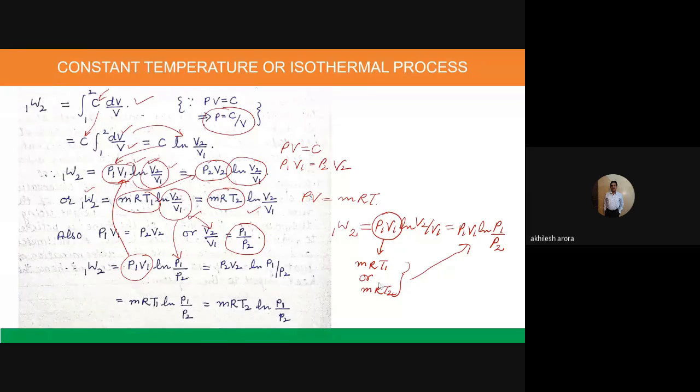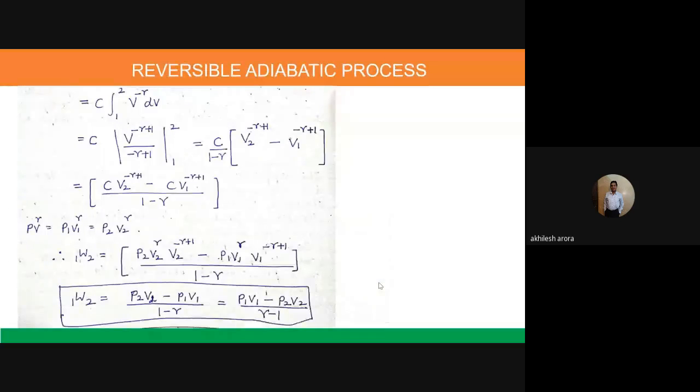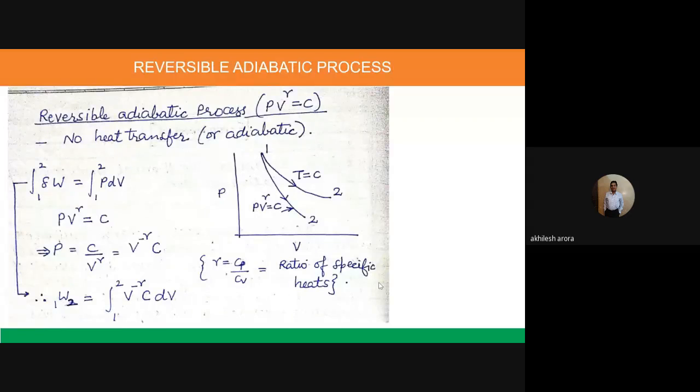So I think it's 2:58 on my watch, so I will end this lecture here. But I have sent one of the lectures which I have taken in A6 group, where one more process I have covered, which is reversible adiabatic. There are only 2-3 more slides for this particular process. So if you can see that lecture for this reversible adiabatic process, then you can understand this also.